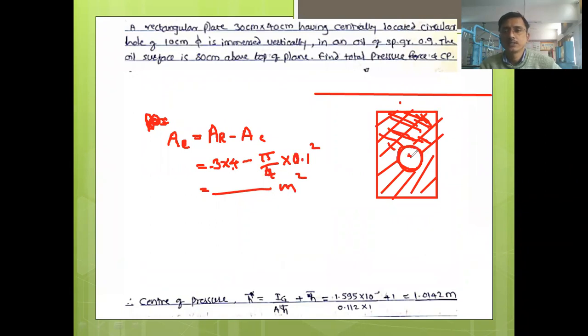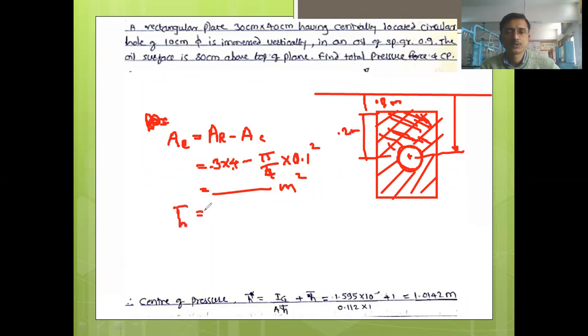The center of gravity will be at the center. Find out this distance here. This distance is 0.4 in total height, and how far is the top? 80 centimeter below the oil surface. So this will be 0.8, right? This 0.8 plus this distance, which is half of the total height 0.4, so it will be 0.2.